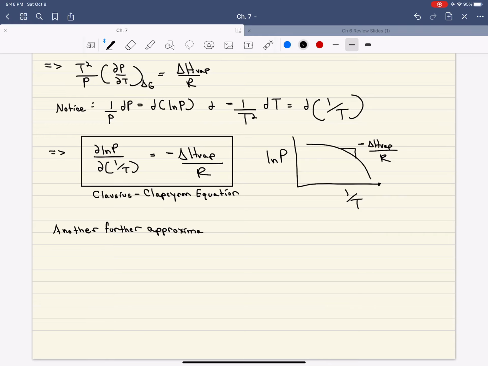Okay? And what they do is they assume that over a temperature range that they're interested in, the enthalpy of vaporization is going to be a constant. Okay? And so if they assume that that's constant, what they then do is they split up that partial derivative into a separable differential equation.